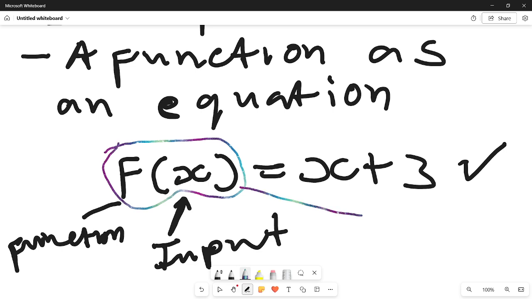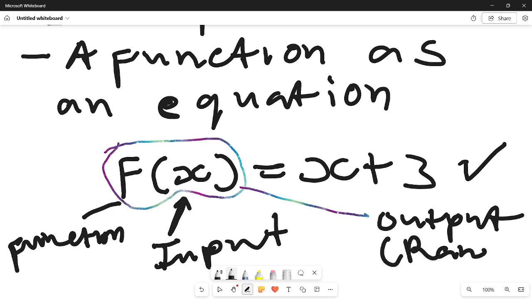In this case, the output is the range and the input is the domain. So there are three things here that we should take note of.